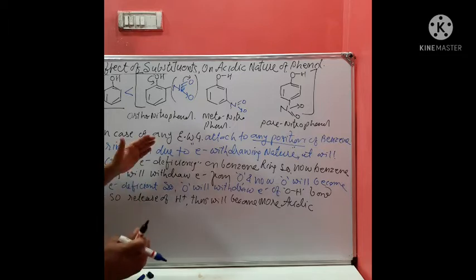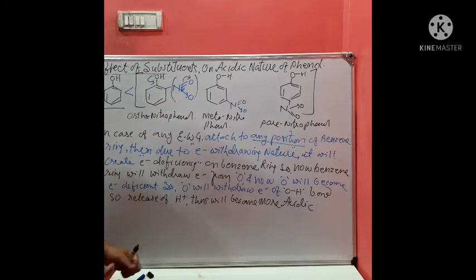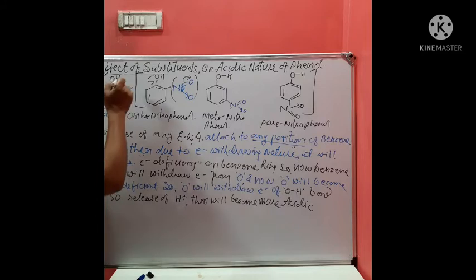Okay, so now to check this, we have to search the experimental value of pKa. Very first, let me check the experimental value of pKa. Student, pKa value decides what? Acidic nature. The lesser the pKa value, the more acidic the nature. The pKa value of phenol is 10.